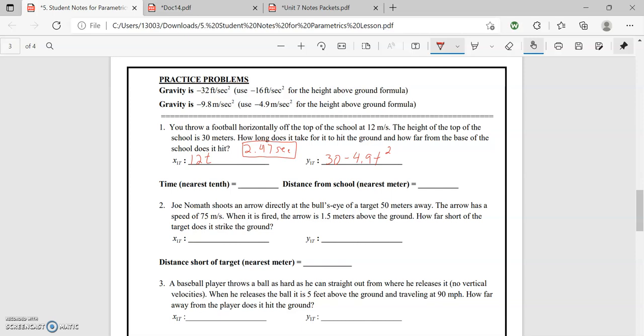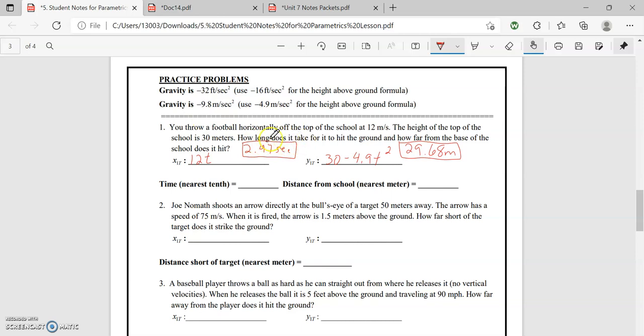We have to put it over here. So in a way, I'm putting it underneath.